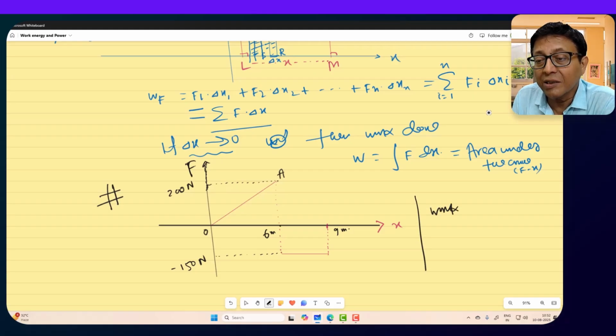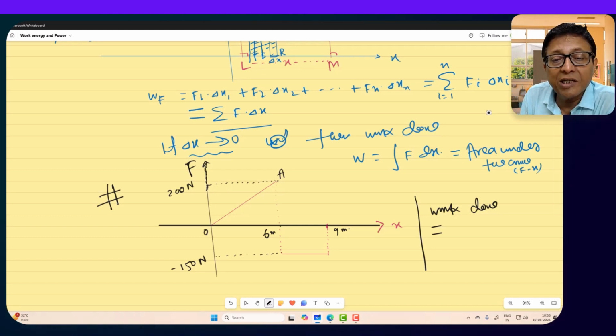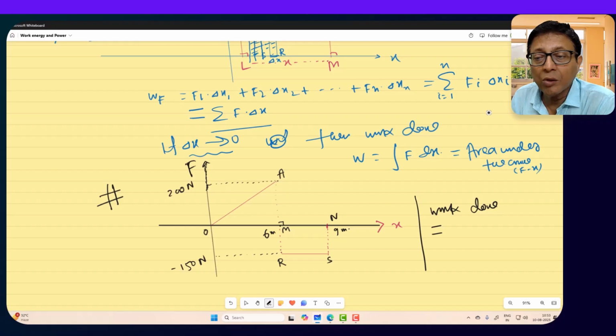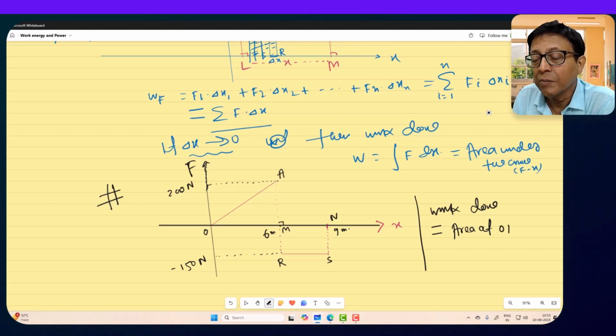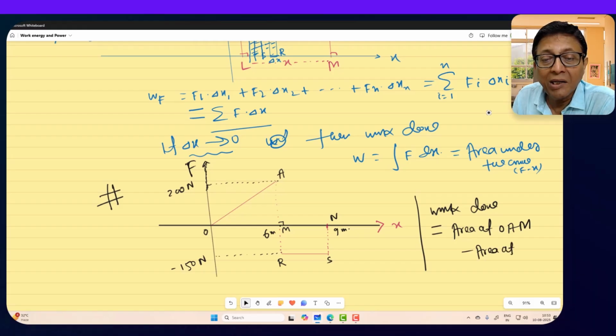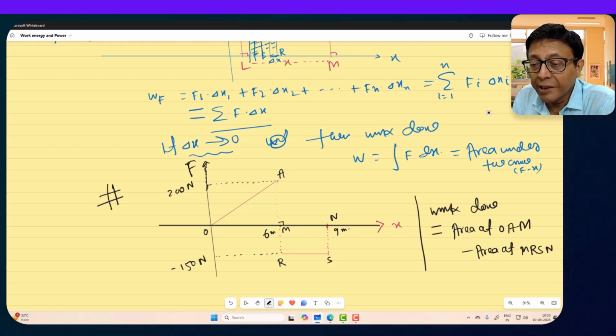For constant force we know it is area, for variable force also we know area. So the work done in this case is the area of this portion. Take this point as M, this one N, this one R, S. Work done equals the area of this curve O to A with the x-axis, area of OAM, minus the area of MRSN.